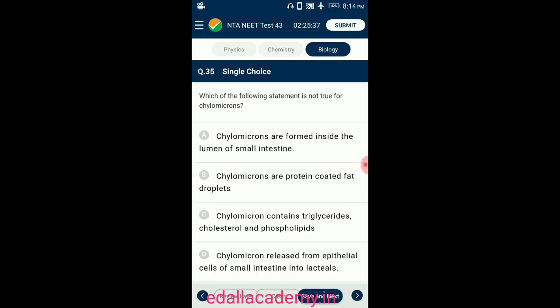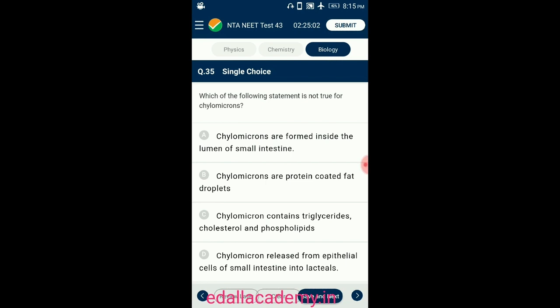Question number 35. Which of the following statements is not true for chylomicrons? Due to the action of pancreatic lipase or steapsin and intestinal lipase, the emulsified fats are broken into fatty acids, glycerol and monoglycerides in the lumen of the small intestine. These compounds, along with water and bile salts, incorporate to form small vesicles called micelles in the lumen of the small intestine.